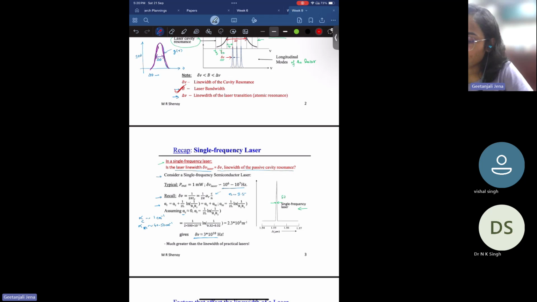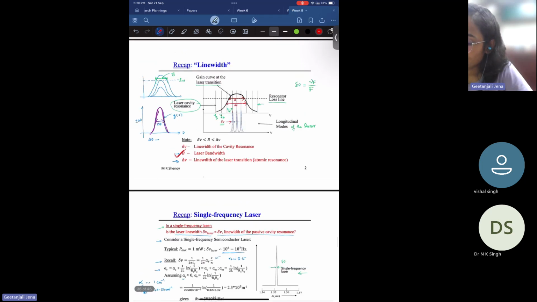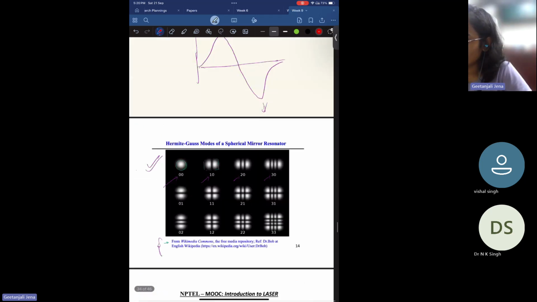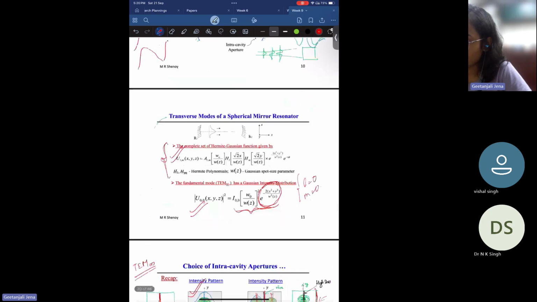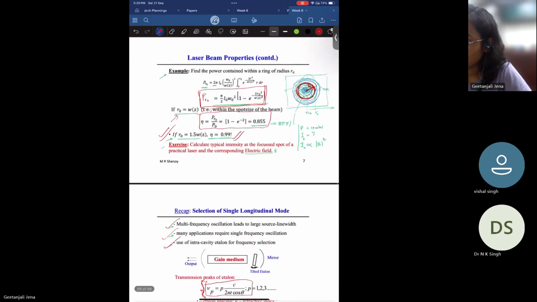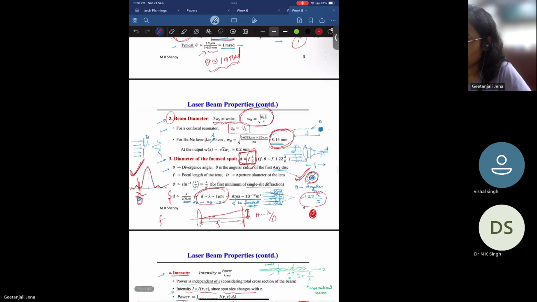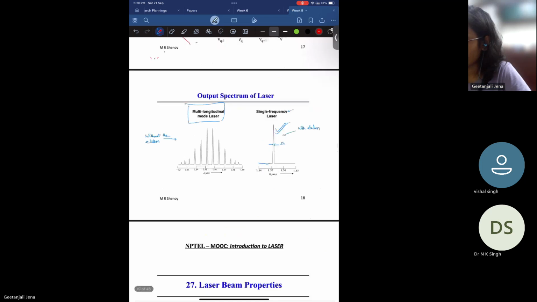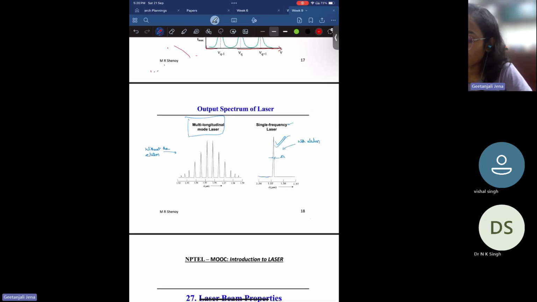Let me go back to this slide. Without the Etalon, we have multi-frequency oscillation, and with the Etalon, only this frequency is oscillating inside the laser cavity.